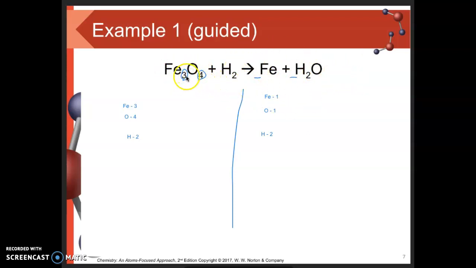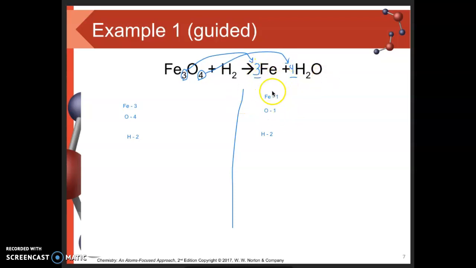So there are 3 irons in this compound. I'm going to make this a 3, so that subscript is going to come over and make a coefficient over here. I have 4 oxygens. I would need 4 waters to balance that. So that subscript is going to become a coefficient over there.